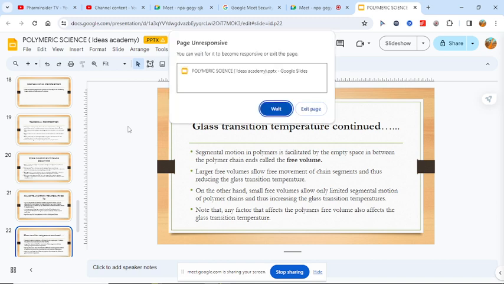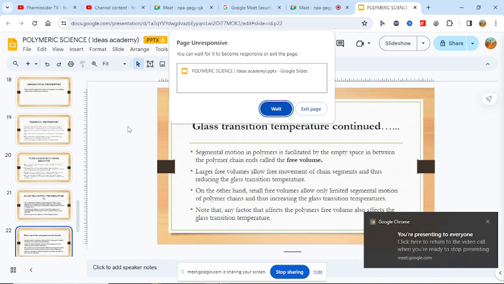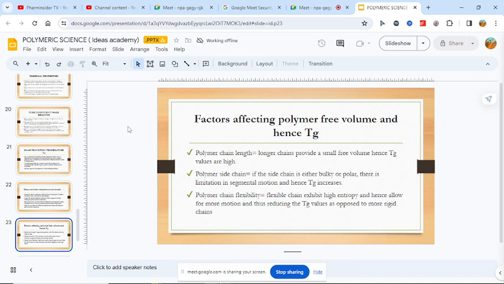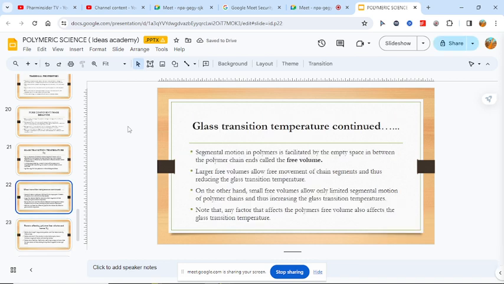Right. So segmental motion in polymers is facilitated by the empty space in between the polymer chain ends, called the free volume. This free volume is a very important space, because if it becomes small, then it affects the polymer movement or the segmental motion. If it becomes big, then it also affects the segmental motion.